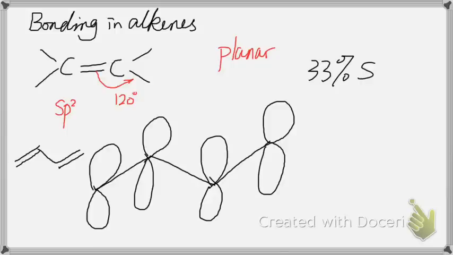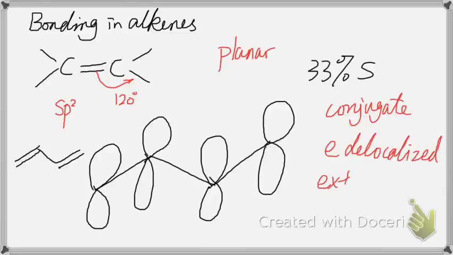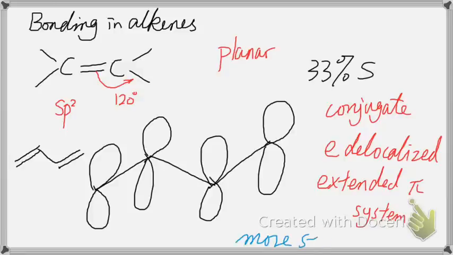They are delocalized over 4 adjacent carbons. So we have greater delocalization of the pi electrons. As a result, it's going to be more stable than a single double bond.